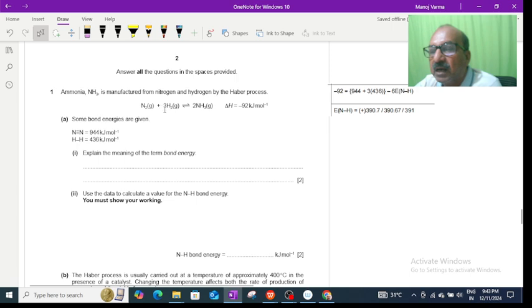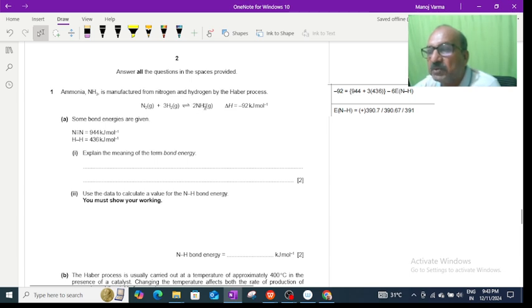Now see, this N2. For these values, the value for N2 is 944. So you will break this bond. So 944 plus 3 times 436, and then you will subtract for the product.